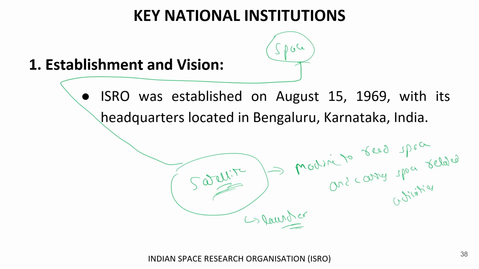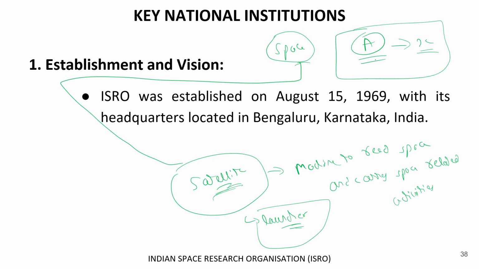So ISRO provides the launcher services or technology, which is a commercial part. Suppose there is a country A which wants to launch a satellite X to the market, and this country requires a proper launcher and does not have it.